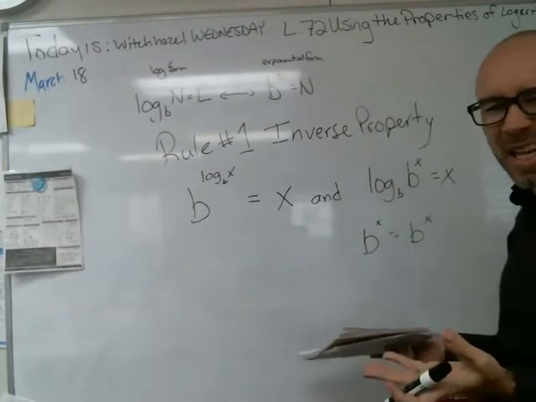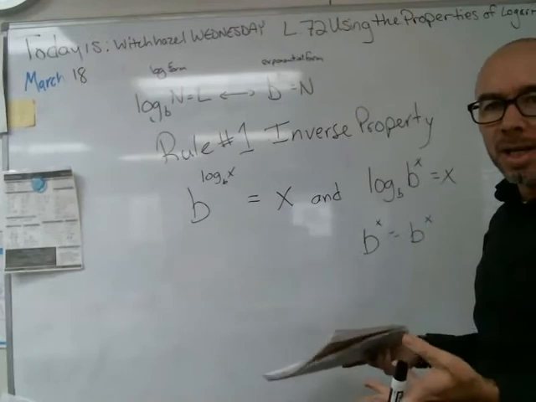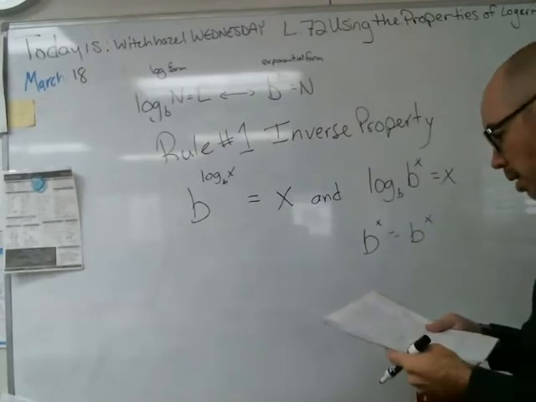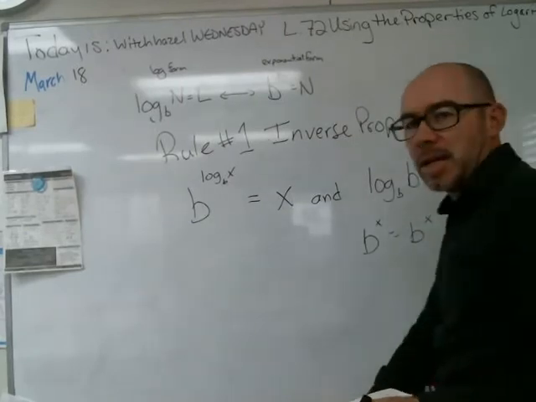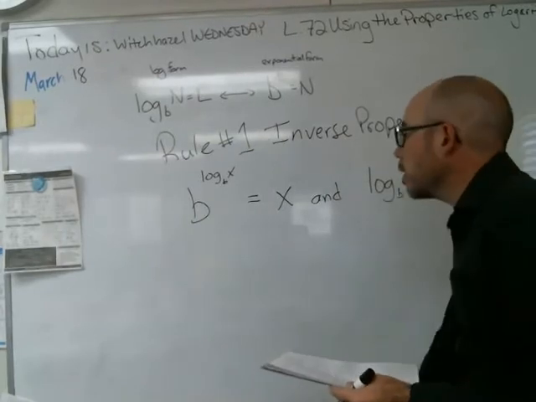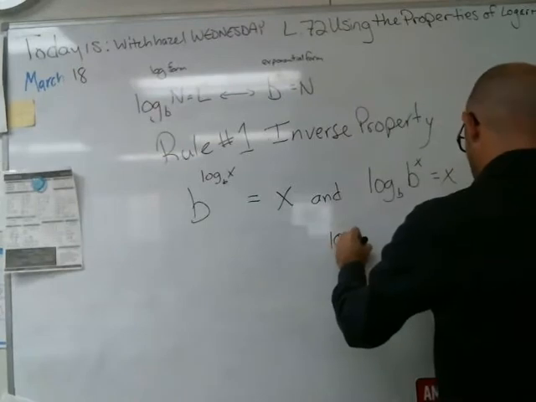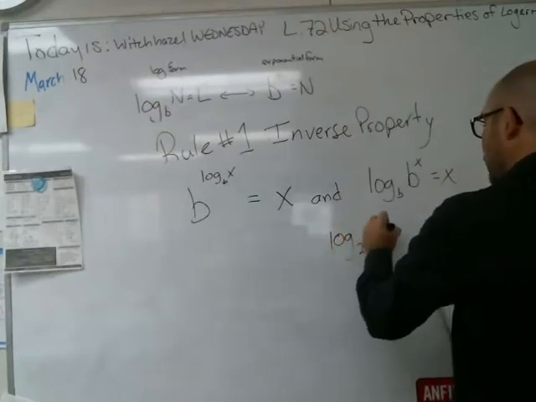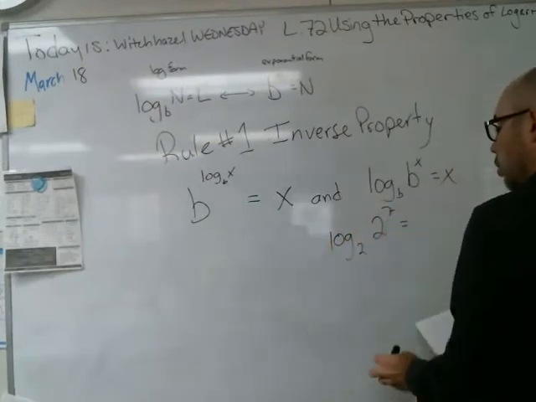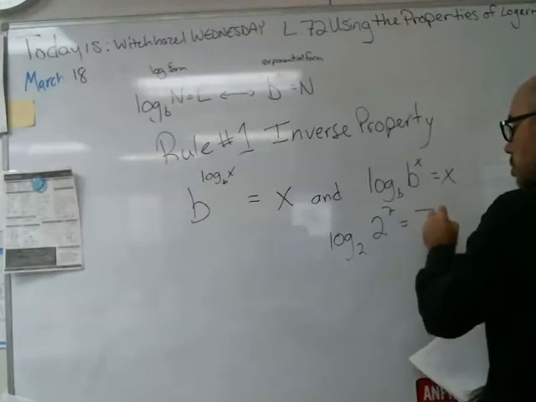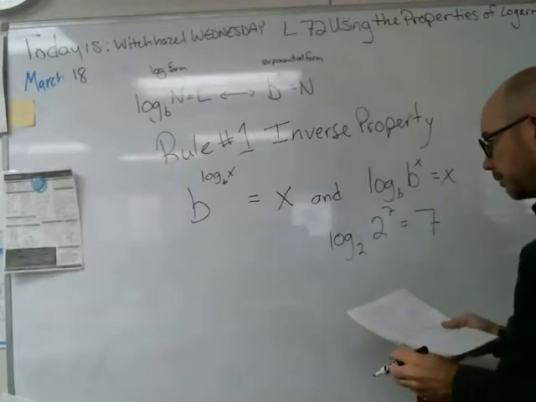It's just like an identity thing written in a different way. Okay? So what would a problem look like using this property over here? It will look like this: log base 2 of 2 to the 7th power. What does that equal? It equals 7.